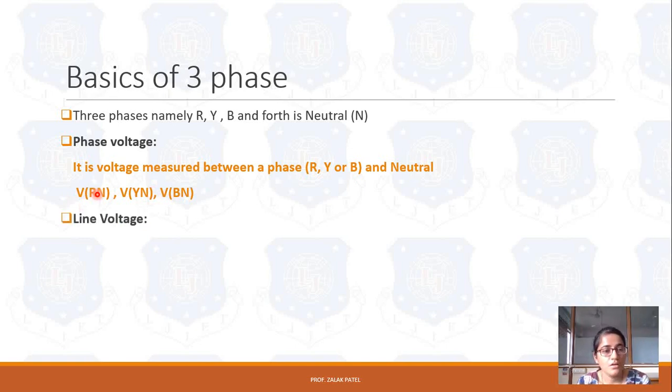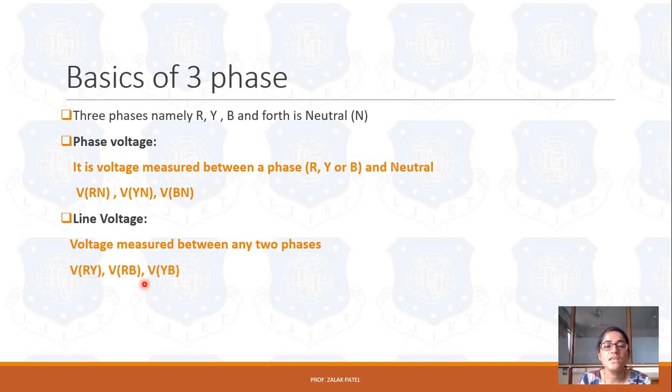Now let's see what line voltage is. Line voltage is the voltage measured between two phases. The two phases may be between R and Y, or between Y and B, or between B and R. So it can be written like this: VRY, VRB and VYB. This is called a line voltage.